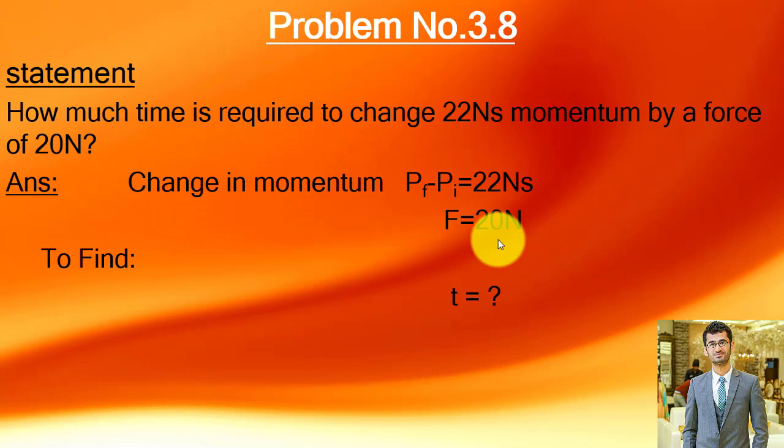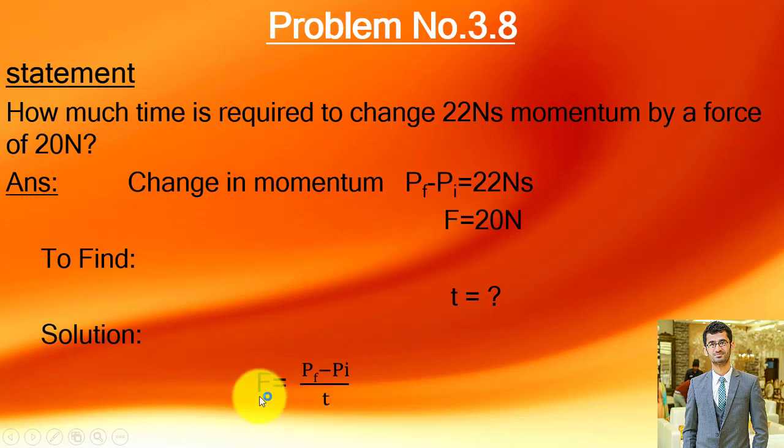We have read the formula of Newton's second law of motion in terms of momentum, that was F is equal to Pf minus Pi divided by t.